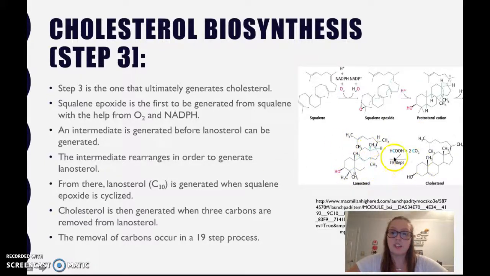And then in a 19-step process, you have the formation of cholesterol. So more specifically, lanosterol is generated when squalene epoxide is cyclized. Then you have the removal of carbons, which, as I said before, occurs in a 19-step process. And then from there, after all these steps are taken, the formation of cholesterol is performed.